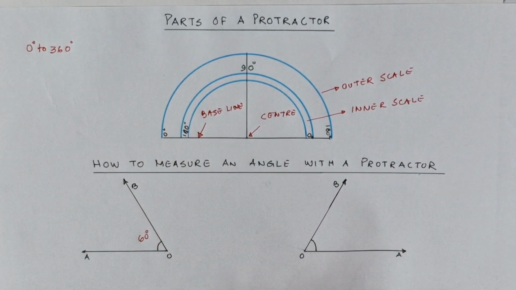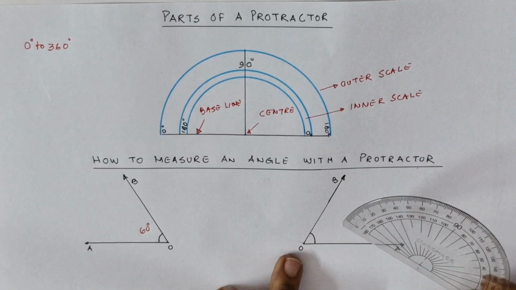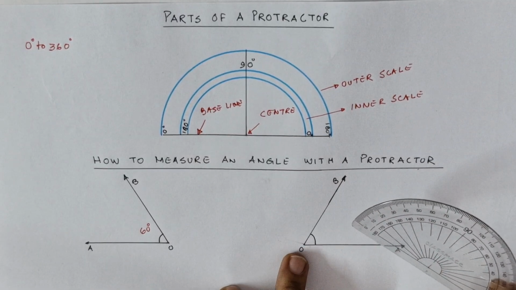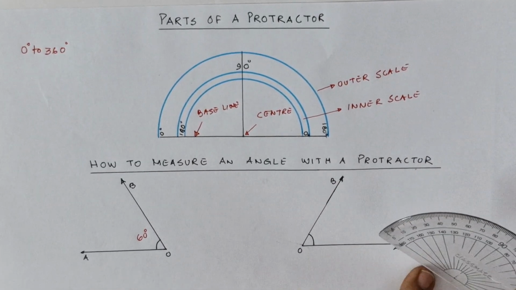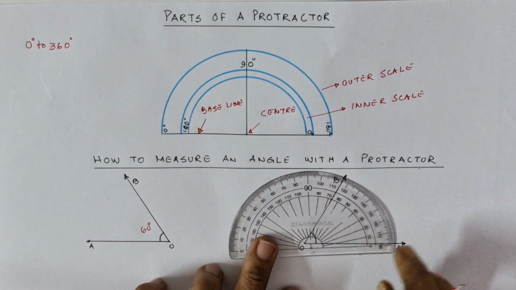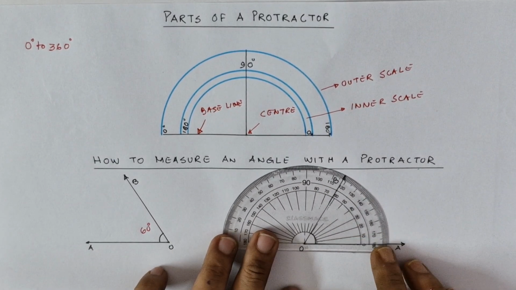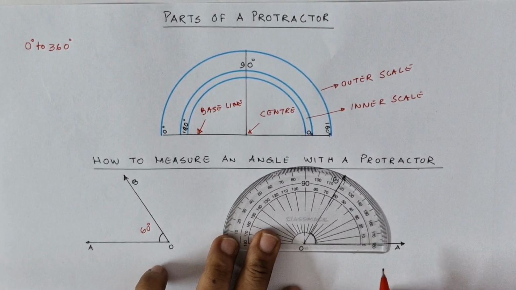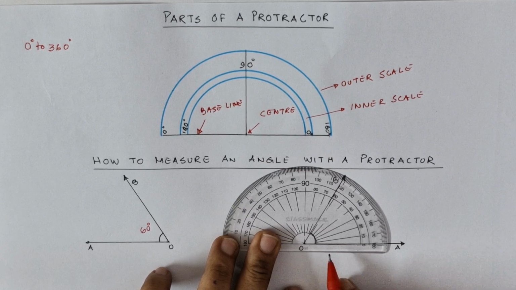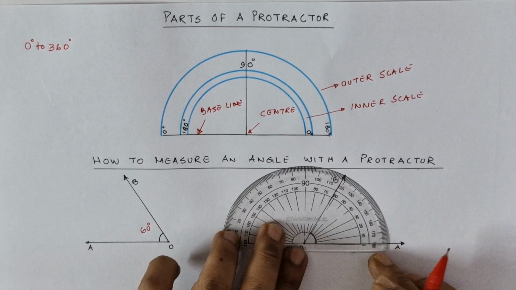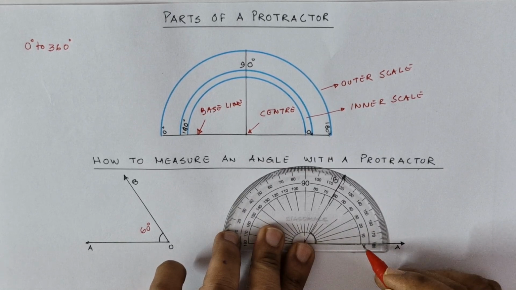In a very similar way, this is also AOB and the vertex lies here, whereas the arms lie here. So you align the vertex and the baseline with this arm, okay, and then the 0 starts from the inner scale.